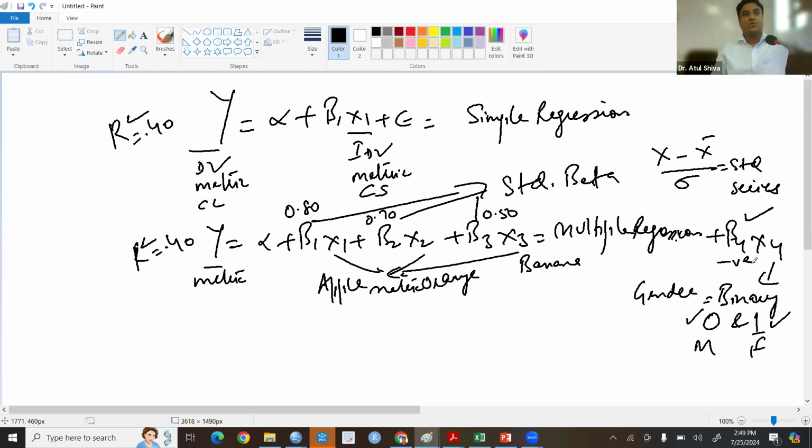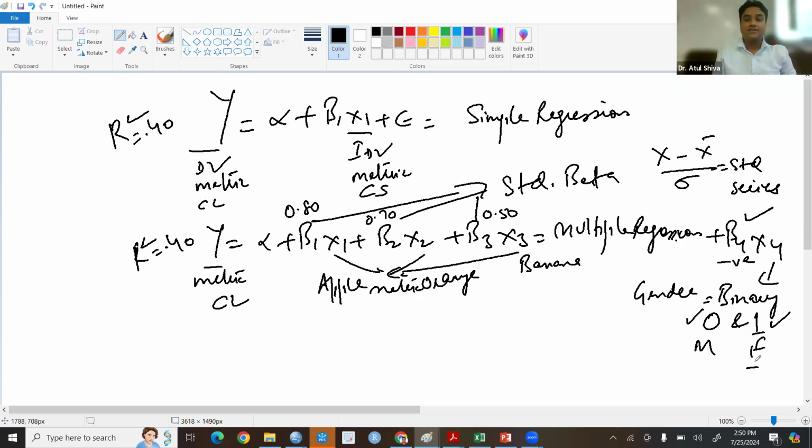Regression is a parametric tool, which is applied on metric data only. But if I am taking non-metric data, I can take it only if it is binary. So binary will tell that if the beta is minus, it is representing the 0 category. Let us say 0 is male. That means I will say males are more active towards customer loyalty, let us say. So if the beta of gender is minus, it is representing the 0 category.